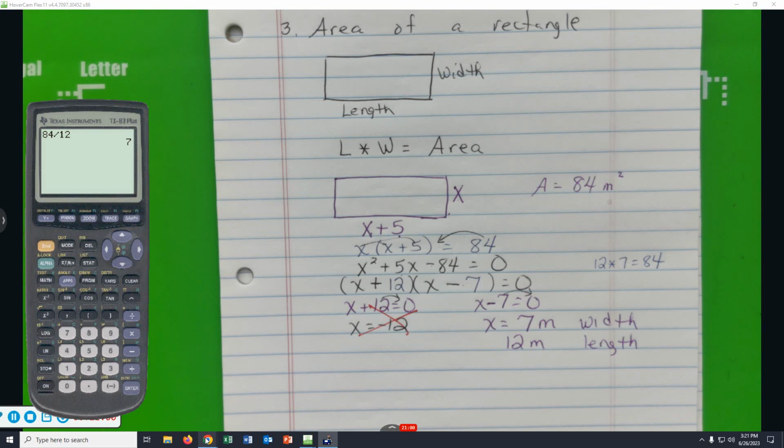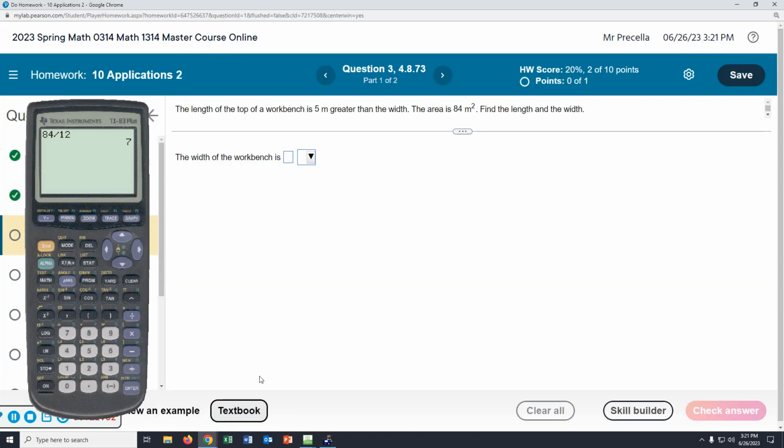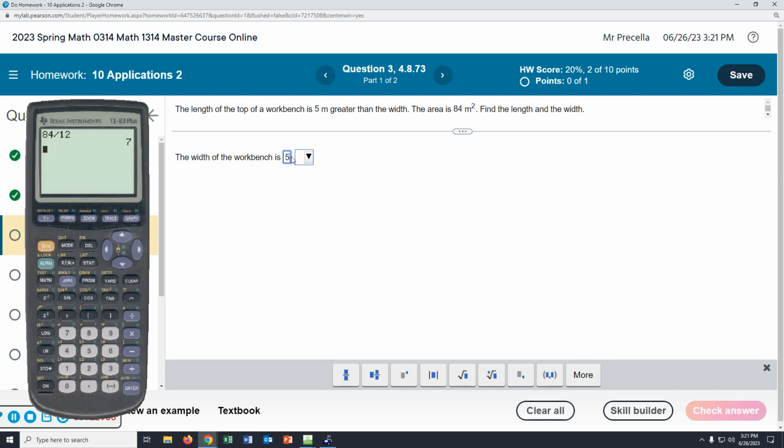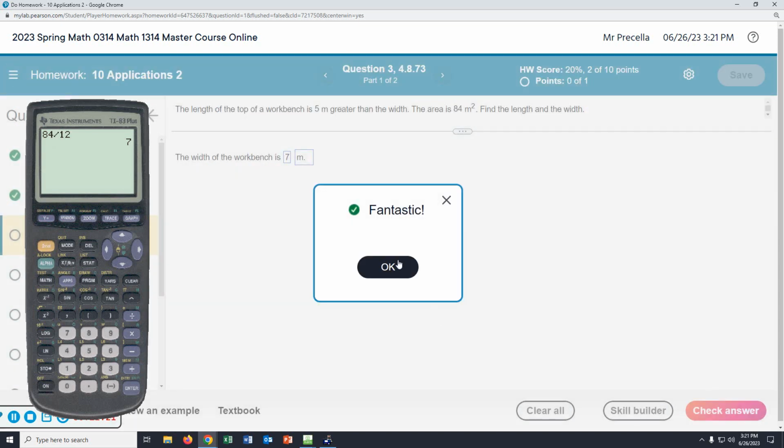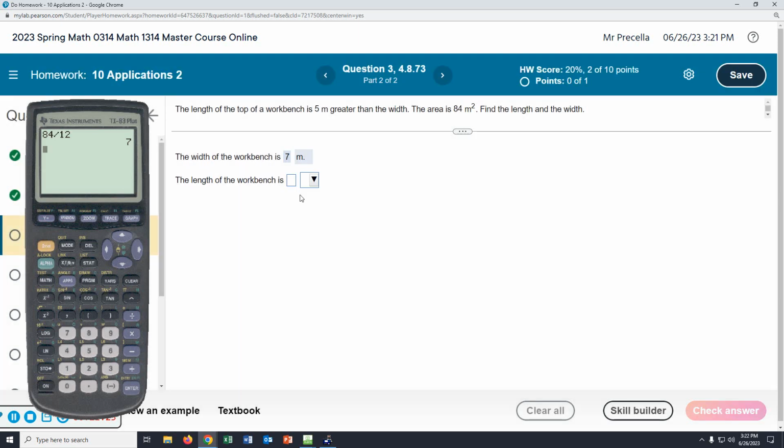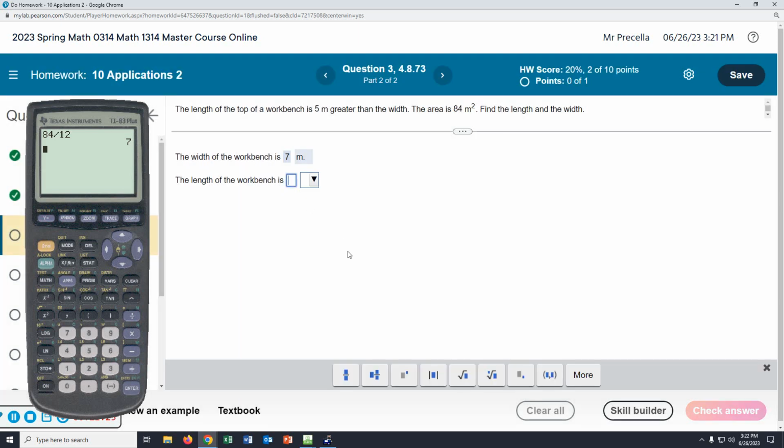Let's see what they're asking for. The width of the workbench. That's 7, and I pull down the units: meters. Area is in square meters, but length and width are just meters. And the length of the workbench, 7 plus 5, that was 12 meters.